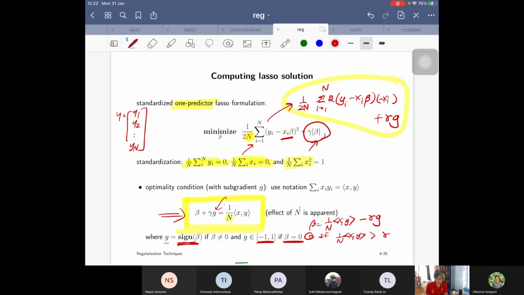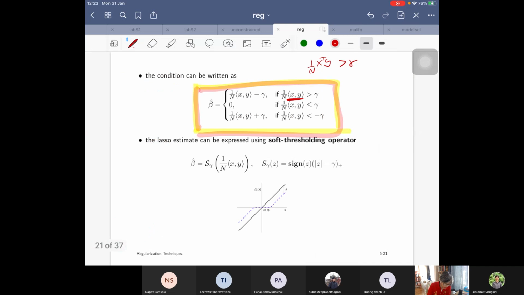I would also like to add that the conditions on the right hand side are conditions on the problem parameters. You can evaluate or check them when the data are given, because they only involve x and y, the predictor and the response, and the threshold gamma is also given.